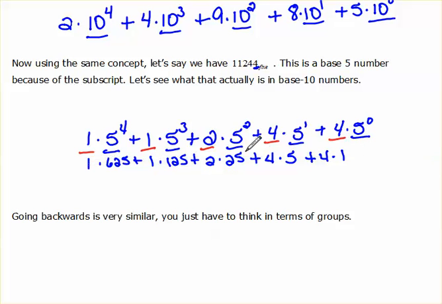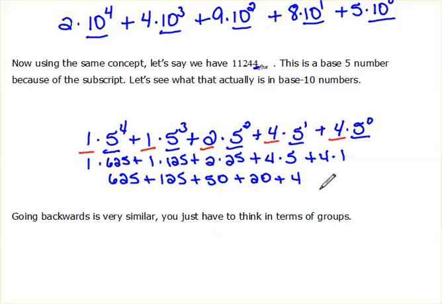Okay, so then going back, we can say 1 times 625 is 625, plus 1 times 125 is 125, plus 2 times 25 is 50, plus 4 times 5 is 20, plus 4 times 1 is 4.